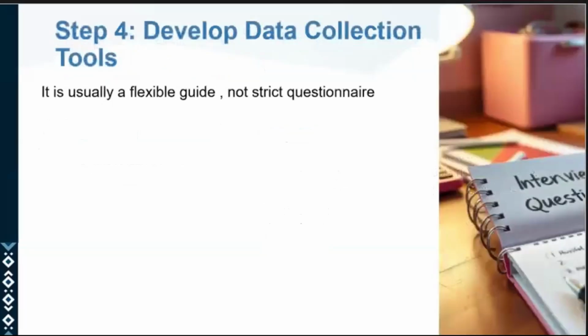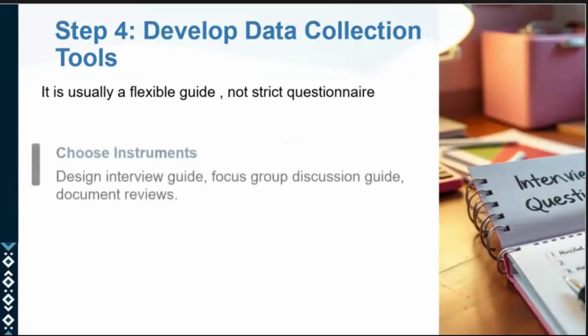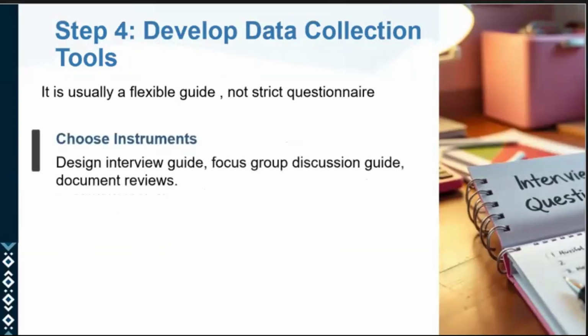Step 4 in developing a qualitative research study is to develop your data collection tool. The data collection tool in qualitative research is very flexible, because based on what you already have in the field, you can always be flexible to change your question or reorient your question in such a way that is going to help you answer your qualitative research question.